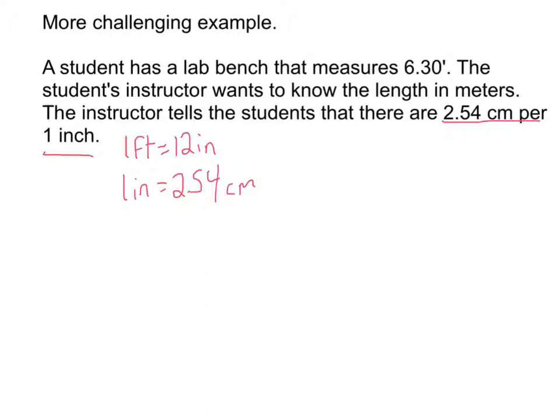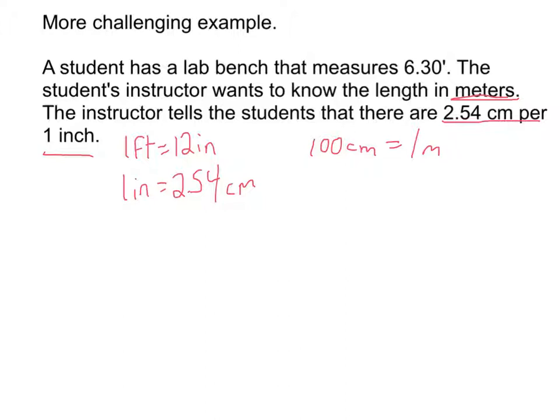Those are two equivalence facts that we're going to need to know. And then we're also asked to give our final answer in meters. What would be helpful is to recall that 100 centimeters is equivalent to 1 meter. So keep those three in mind.